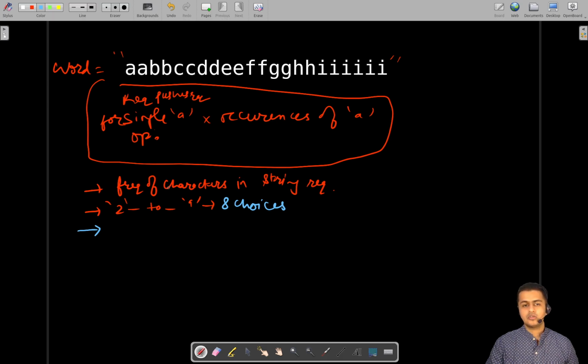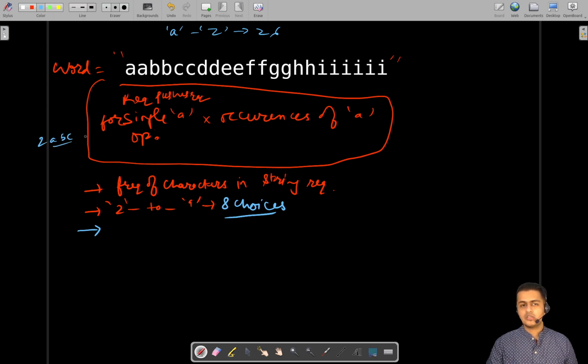Because let's say the number of characters in the alphabet from A to Z are 26, but you are having only 8 choices, so there will be for sure some keys, if there are more than 8 unique characters present in the given word, which will be having more than one mapping. For example, 2 can have A B C.